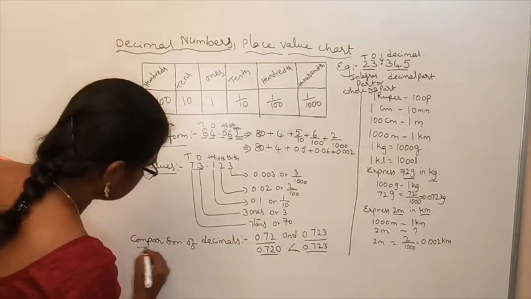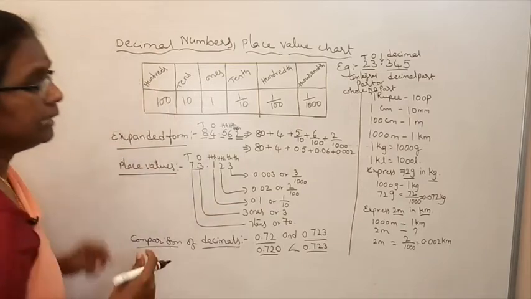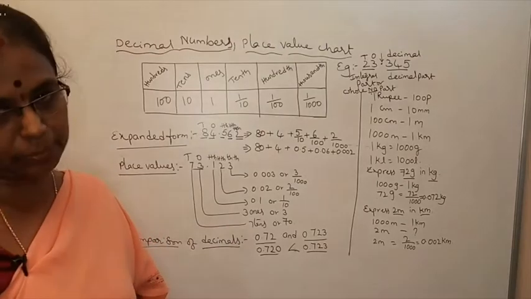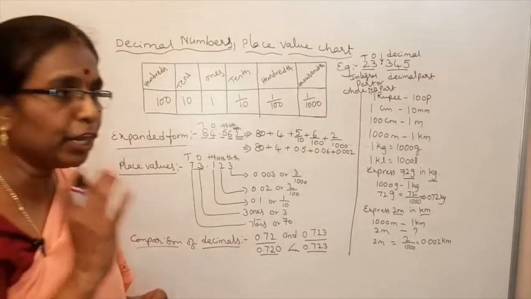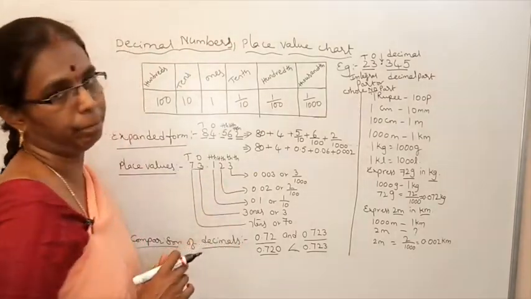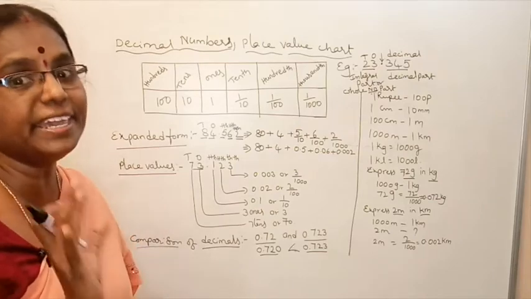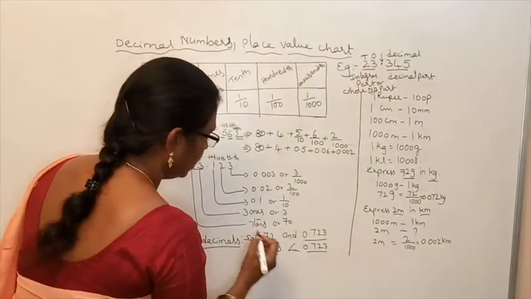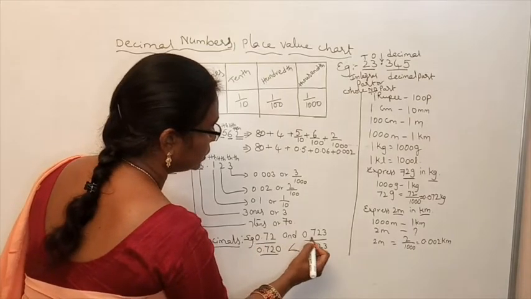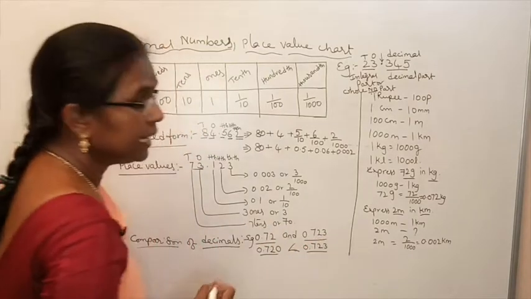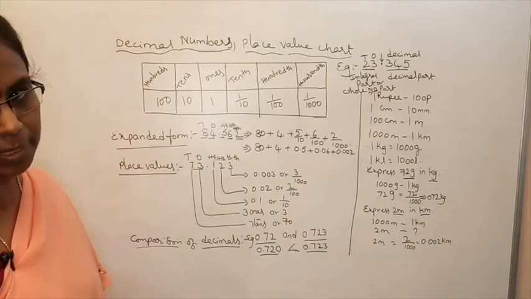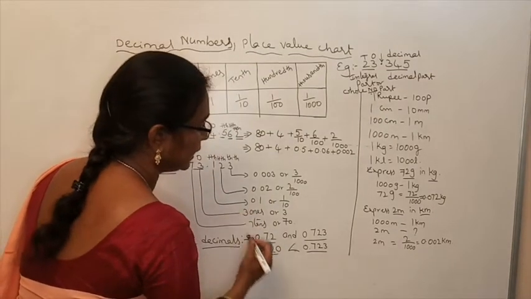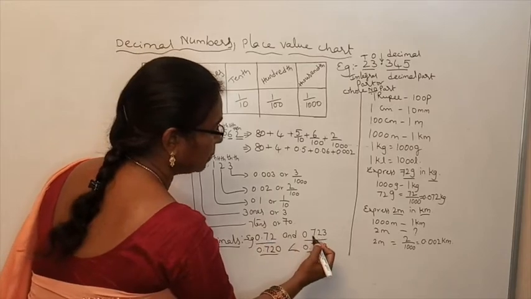Now, comparison of decimals. When you compare decimals, you have to change them to like decimals. That means the number of digits in the decimal part should be equal. Example: 0.72 and 0.723. These two are unlike decimals because in the decimal part the first number has only two places, and the second number has three places.